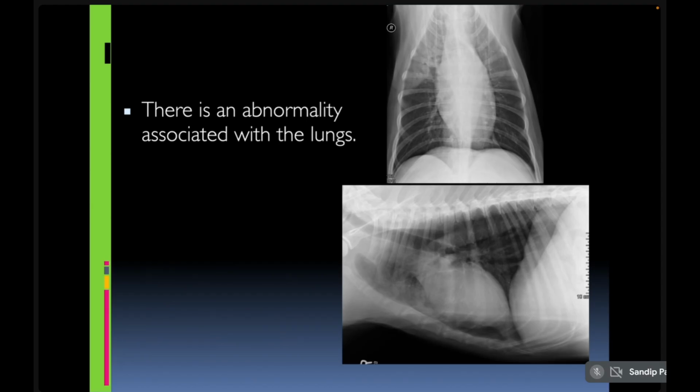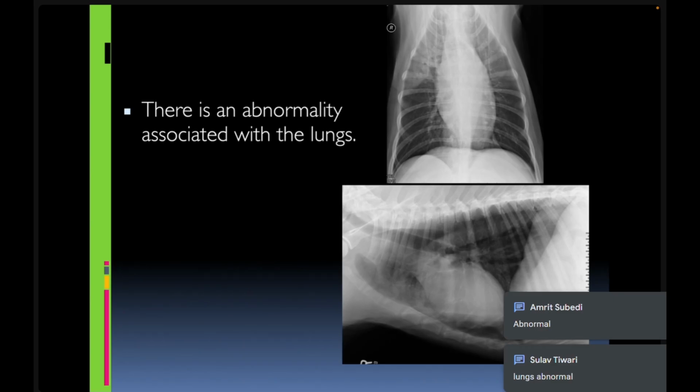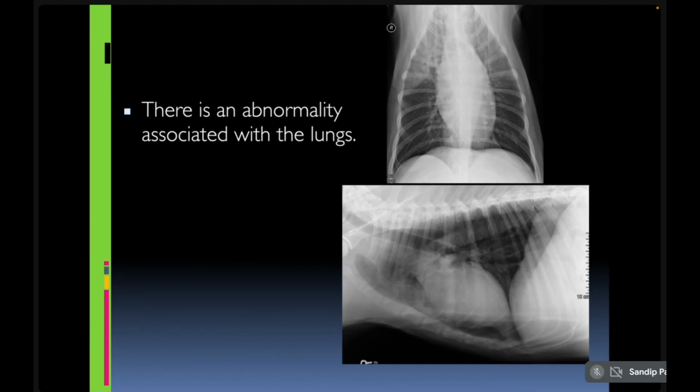So there is something wrong with the lung tissue and the vessel supply, right? So there is some pattern visible. Maybe I'll make it.